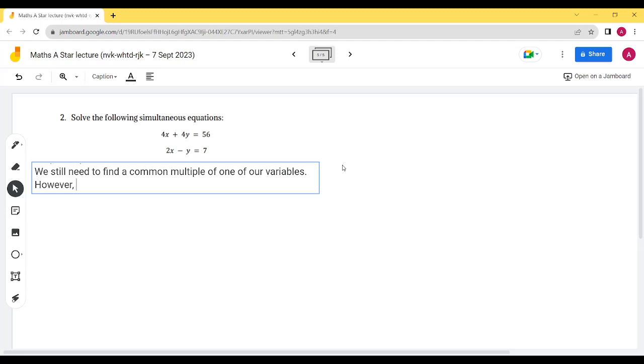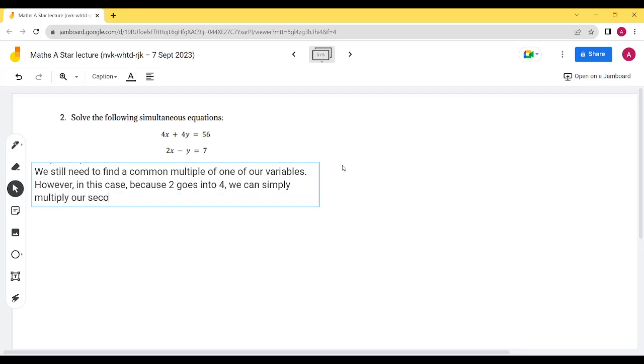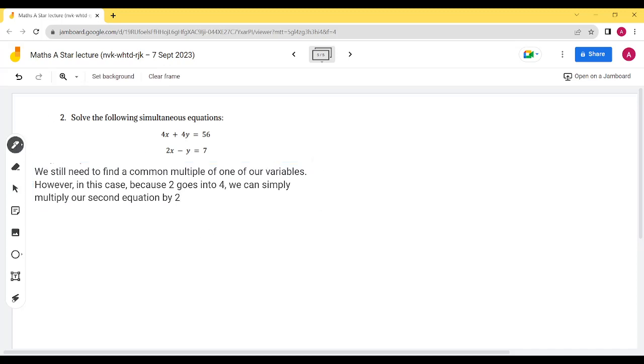However, because 2 goes into 4, and so 4 is a common multiple of 2 and 4, we can simply multiply our second equation by 2. We don't have to touch the top one.